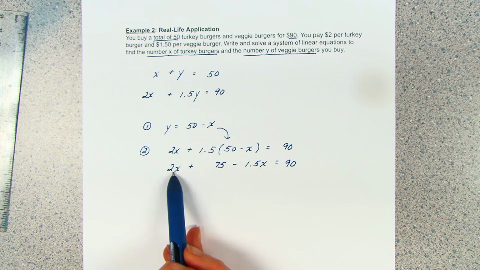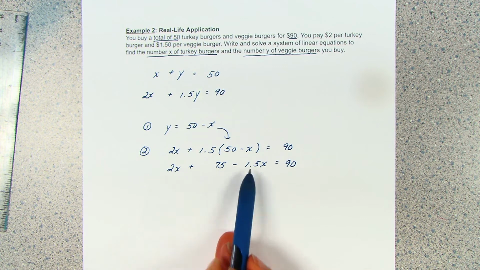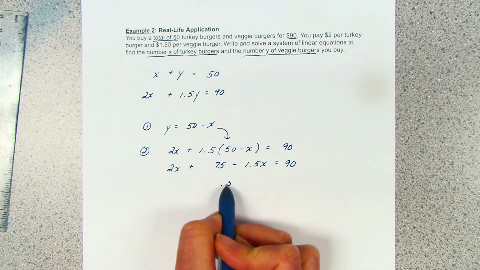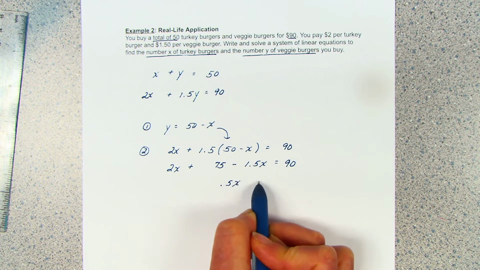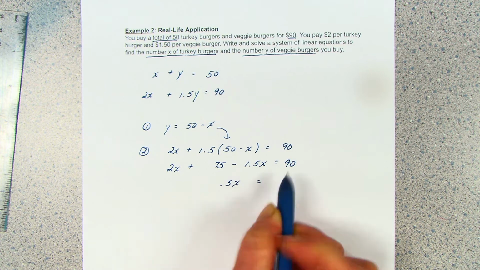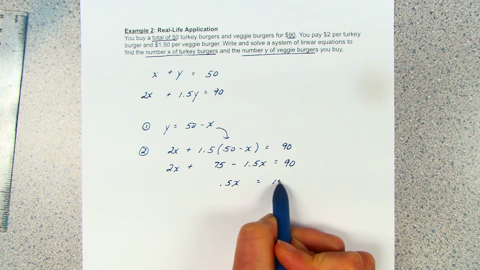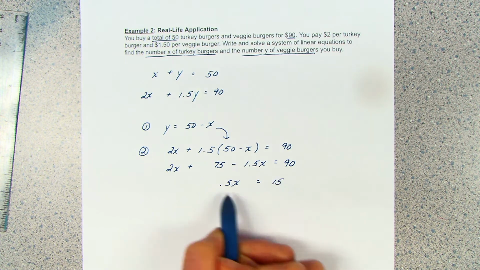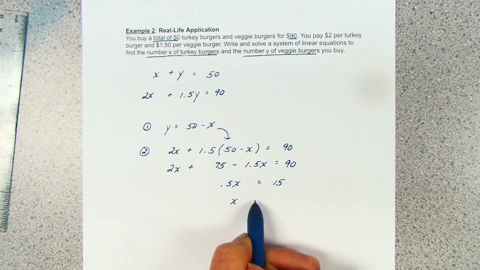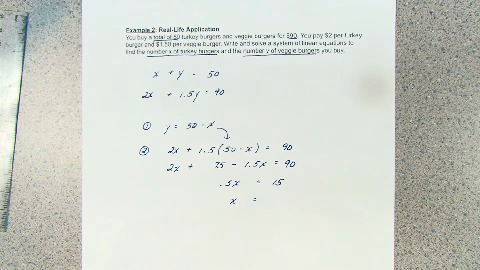If I have 2x and I subtract 1.5x, that is 0.5x. Subtract 75 from both sides is 15. And then I'm going to divide both sides by 0.5. And I think that's 30.